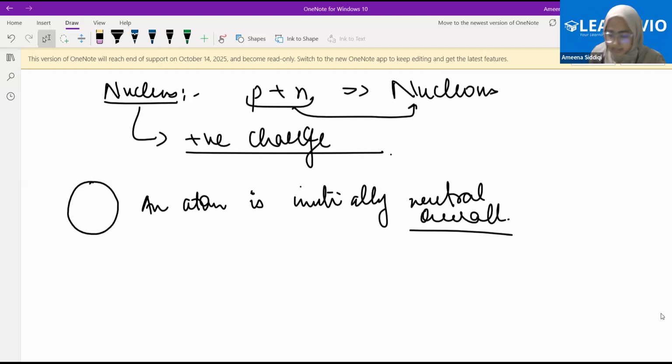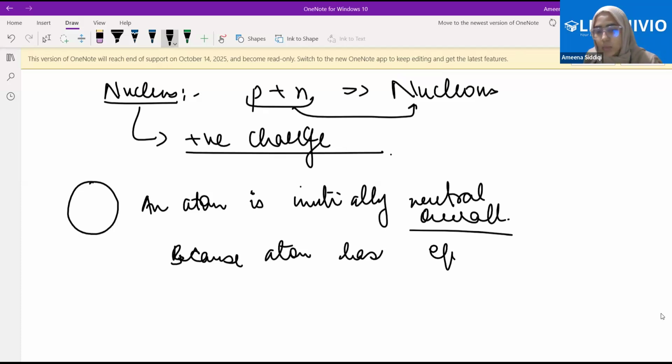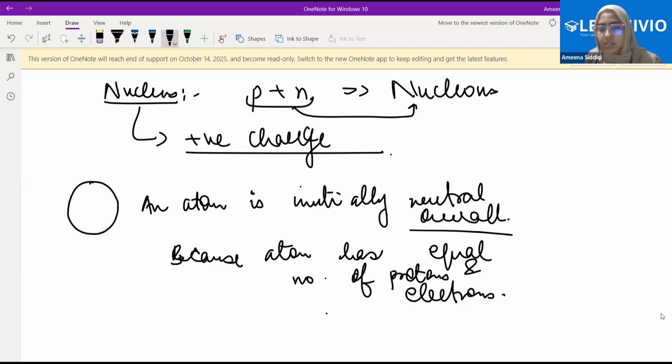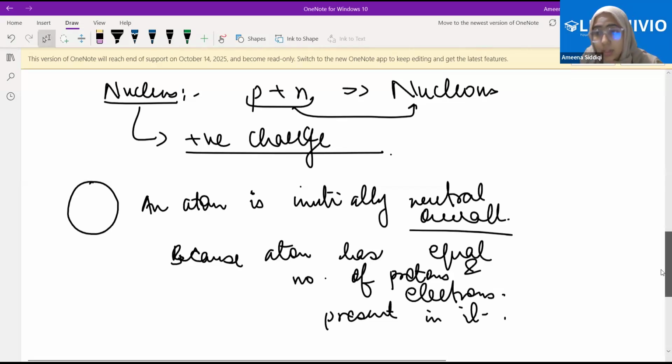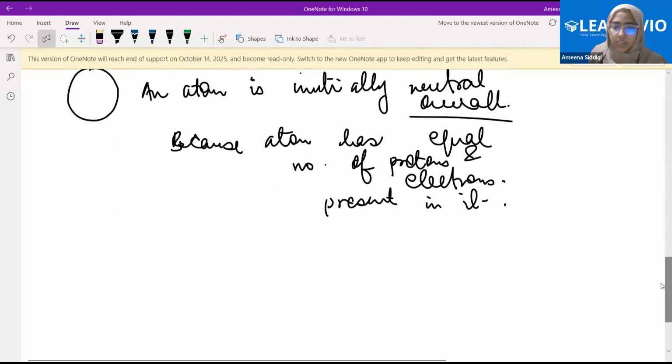Because the atom, we are obviously talking about one atom here, has an equal number of protons and electrons present in it. And we know that each electron and proton have equal but opposite charges.